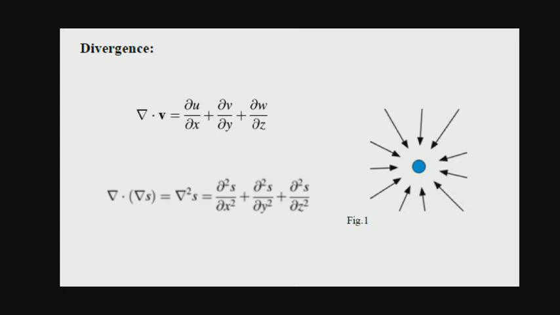The divergence of the gradient of a scalar variable s is denoted by the Laplacian of s and is a scalar given by the radial vector field shown in the figure. So, figure 1 shows divergence.